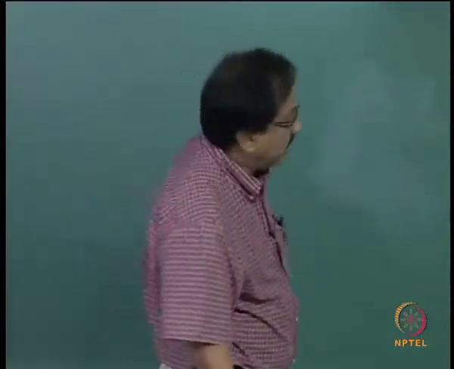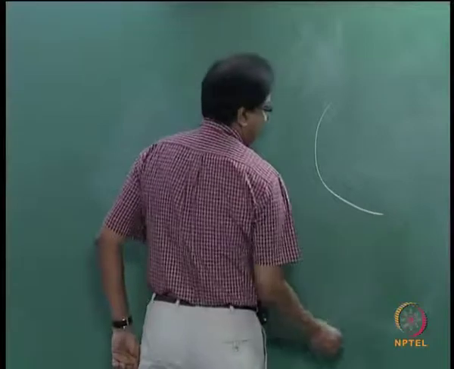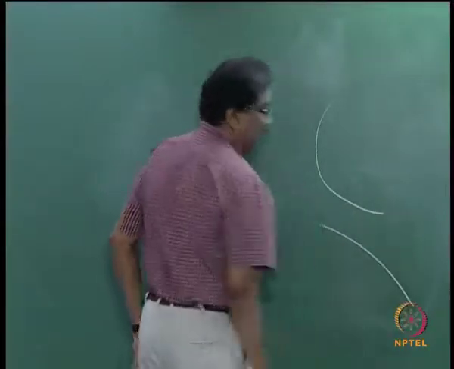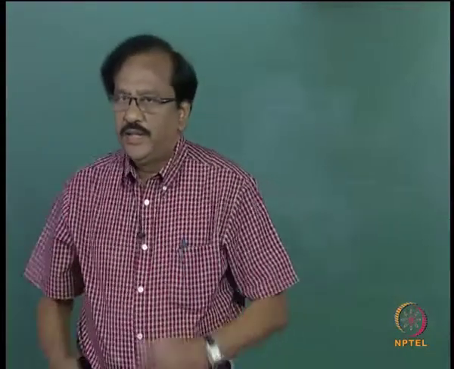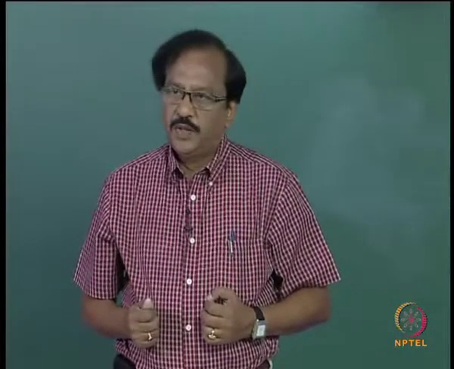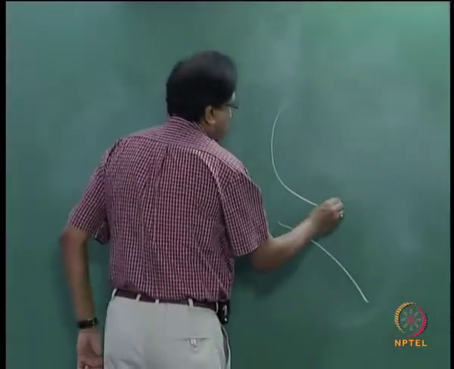Now, the next one is here, this kind of a convex, or you have this kind of a structure, or you have something like this, all these kinds of shapes, it does not absorb the energy, but the energy is lost when the waves are running over.